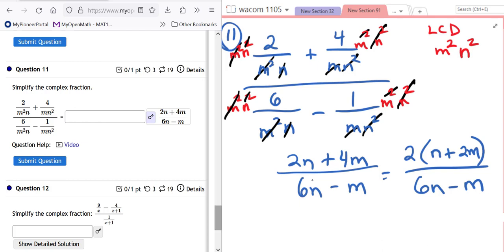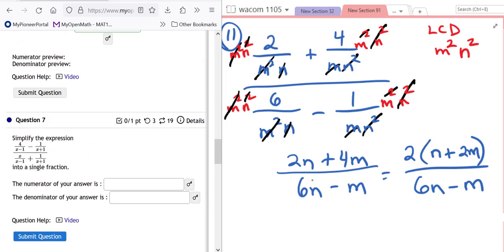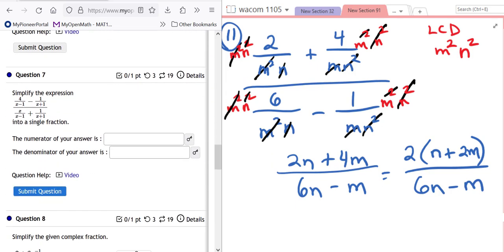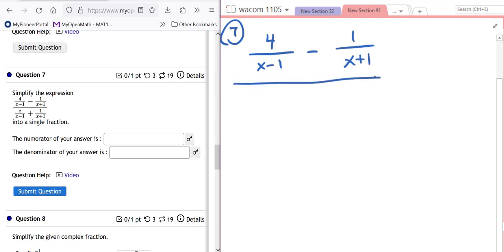All right, I'm going to try to go back to that one that I said was hard. It's a little more work. Number 7. So we have 4 over x minus 1 minus 1 over x plus 1, and this is over x minus 1 plus 1 over x plus 1.